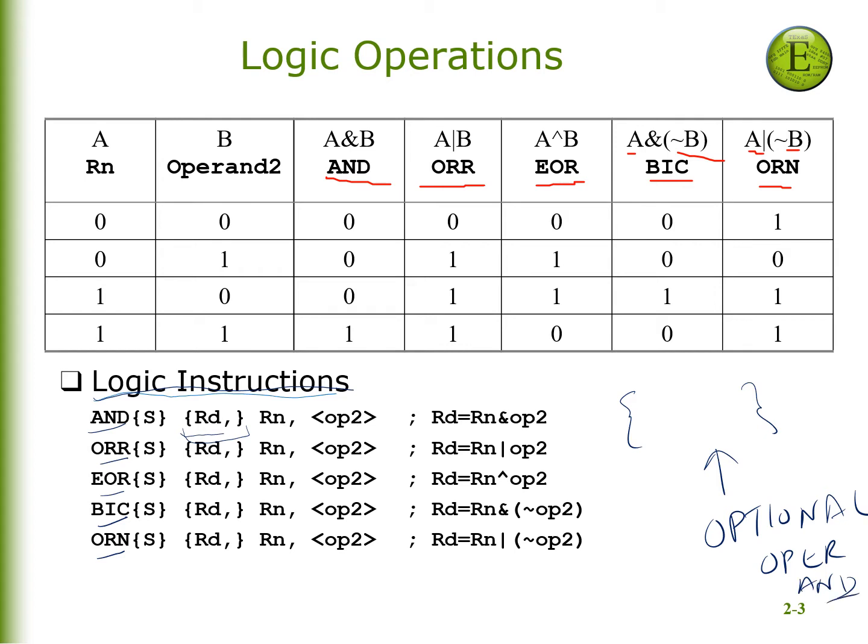The second operand is represented by a generic name, that is Rn. That is going to be some register. And the third operand can be anything representing a register or some constant.